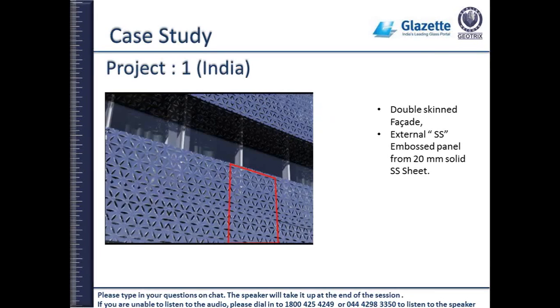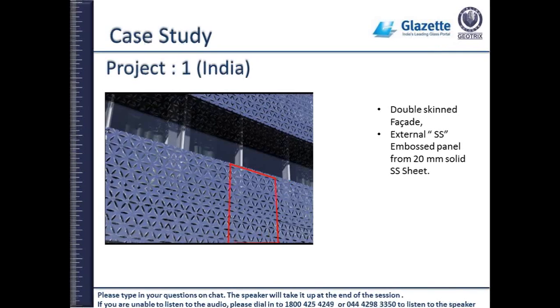The briefing he gave, because he is the designer who visualized this project, if you read on the right in the small box, is a simple double skinned facade, where you see glass behind, which is the inner skin, with complete glazing.